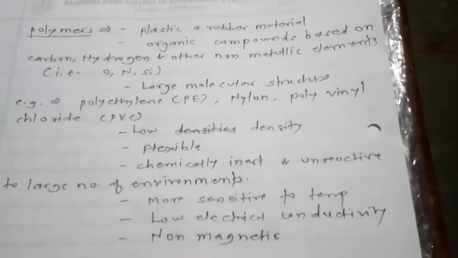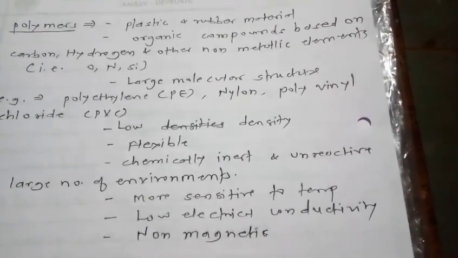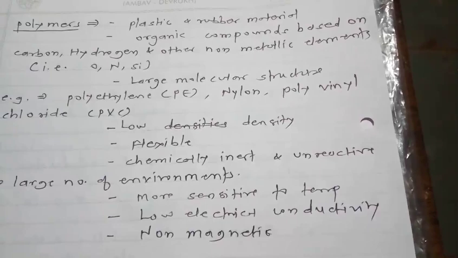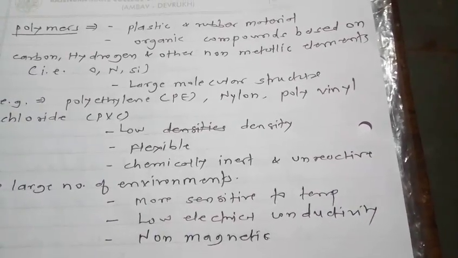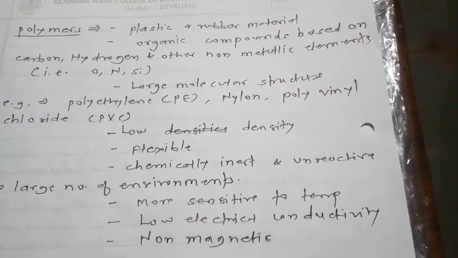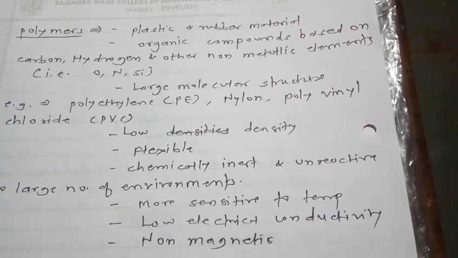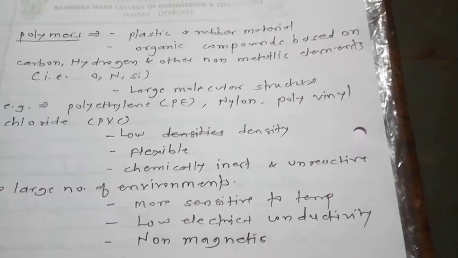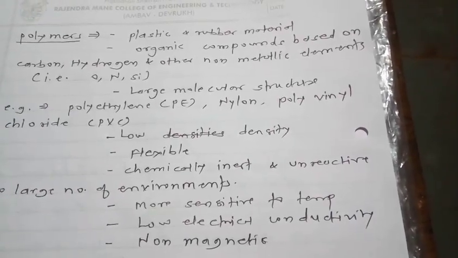Then what are the properties? Low density, meaning the mass per unit volume of the polymer is very low, right? Then it is flexible; we can form complicated shapes with polymers, which is not possible for metals and ceramics.